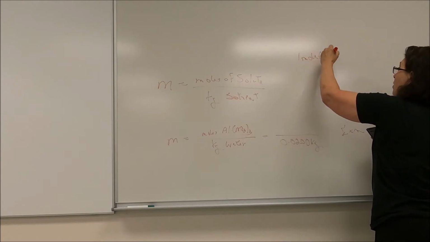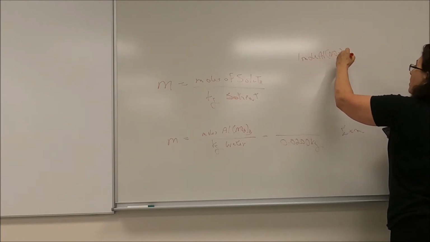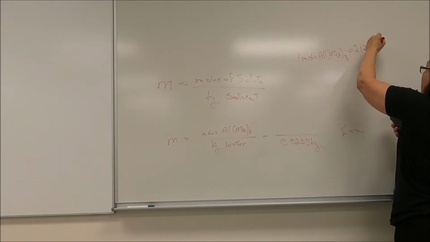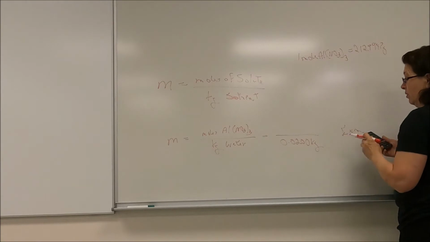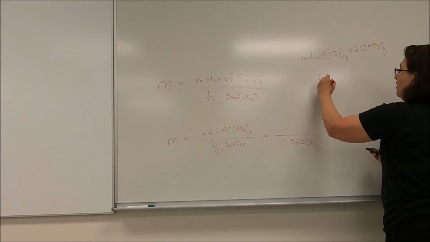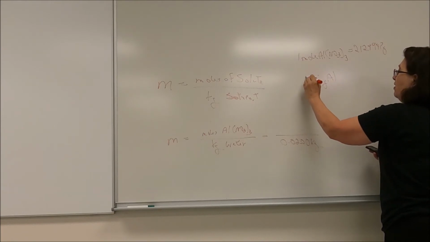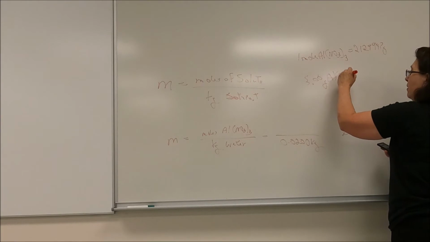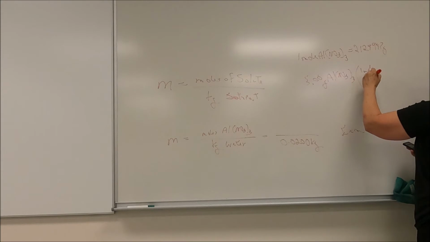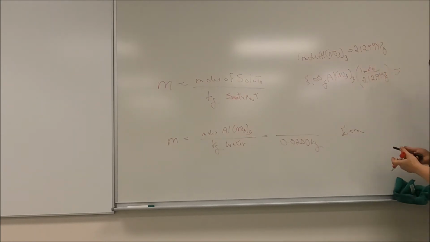1 mole of aluminum nitrate has a mass of 212.9947 grams. So let's say I had 5 grams of aluminum nitrate. So 5.00 times 1 mole for every 212.9947 grams.